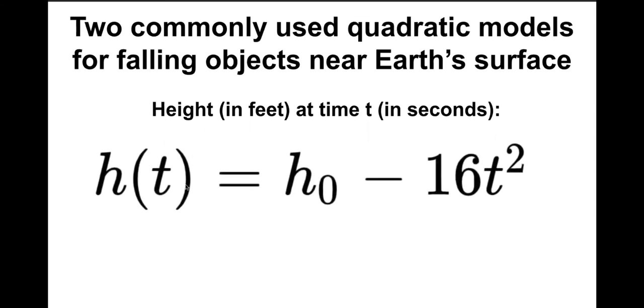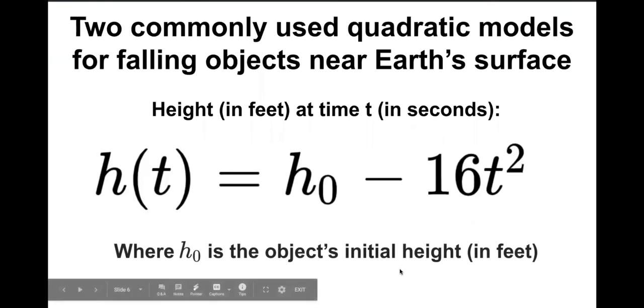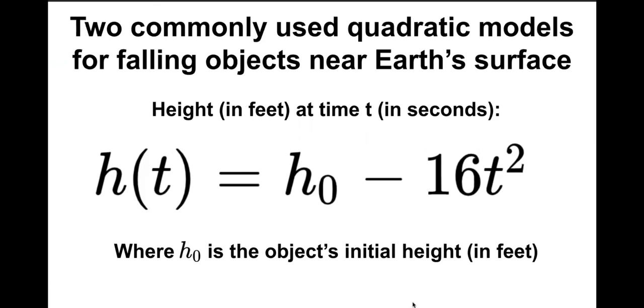And this time we're going to have a height, which is represented by our initial height, our initial point that we're interested in looking at, minus the distance that it is going to fall, right? So minus 16t squared, where h sub 0, or h of 0, represents the initial height in feet. So this basically cuts a little piece of the trajectory that that item is falling.